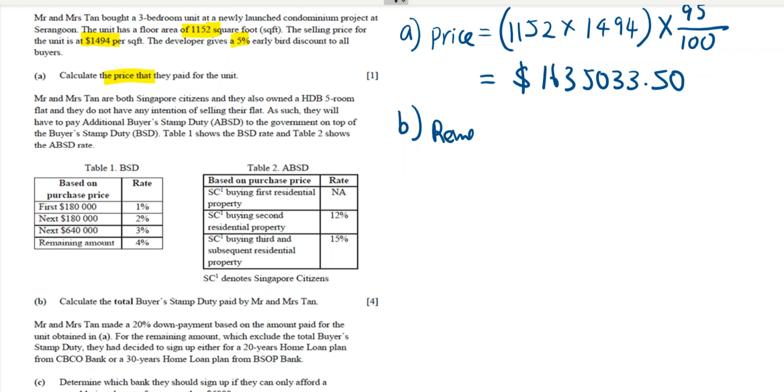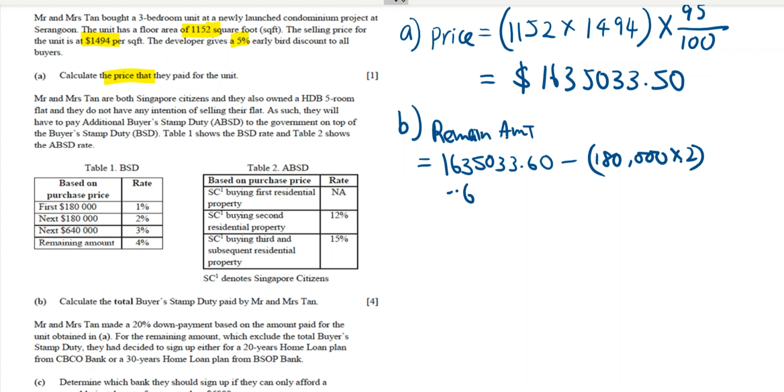So the remaining amount will be equals to 1635033.50, first minus 180,000, and another 180,000, and then minus off again 640,000. So this is the so-called remaining amount, and this actually comes up to 635033.50.